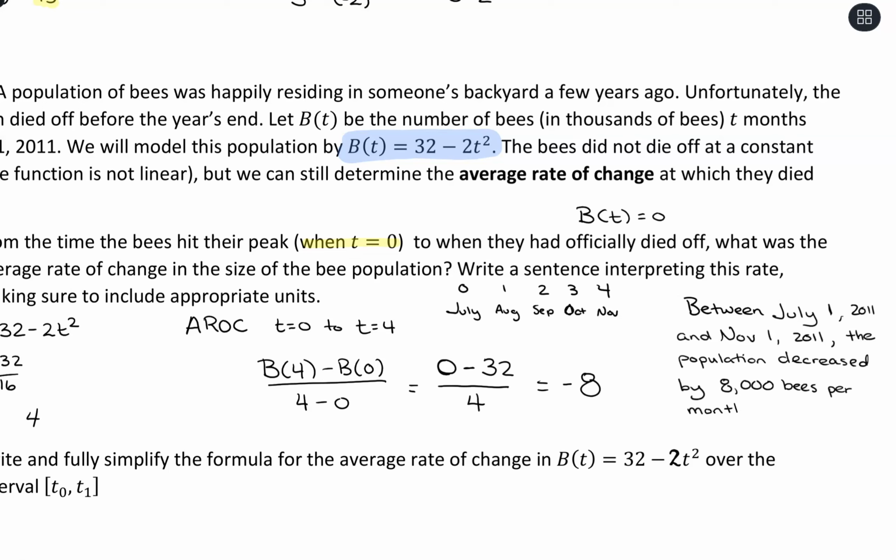And we just want to throw in "on average," because it wasn't a constant change. It wasn't always that for each month, but on average, that's what we saw happen.